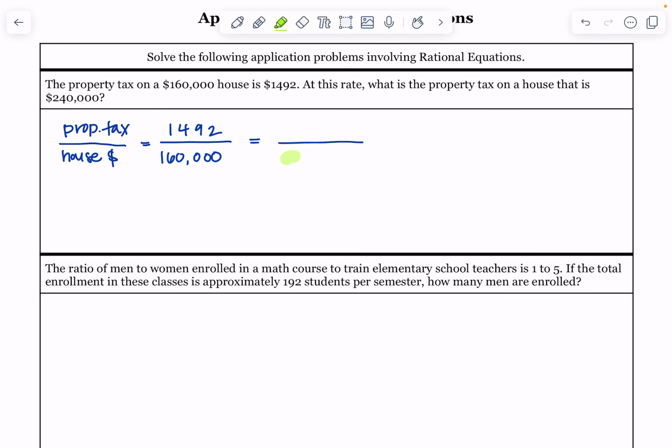We're going to put 240,000 down here on the bottom because that's the cost of the house, and the cost of the house goes in the denominator. We do not know how much the taxes will be for this house, so I'm going to put an x there, and we will cross multiply.